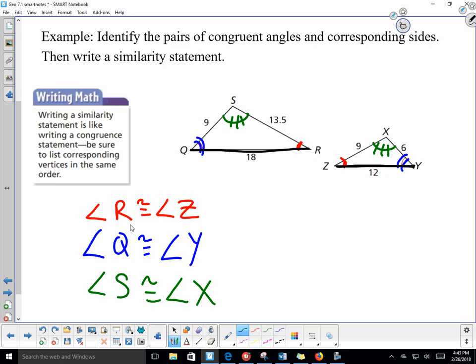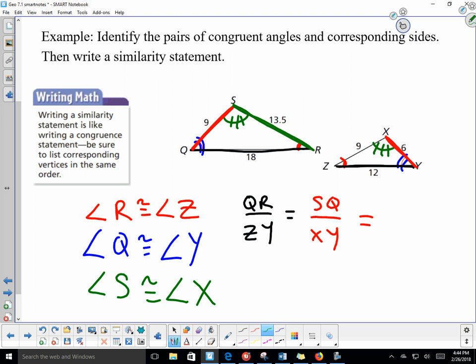So is that proportional? Is QR over ZY equal to SQ, running between the two tick marks and the three tick marks, over XY, and is that going to be the same ratio as the one running from the three tick marks back to the one tick mark?